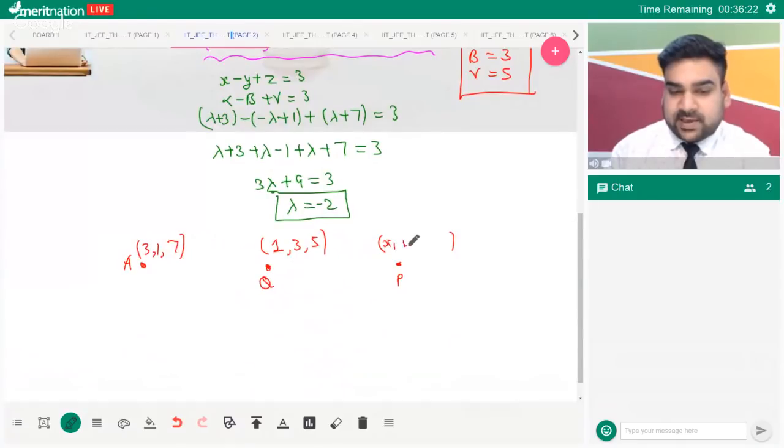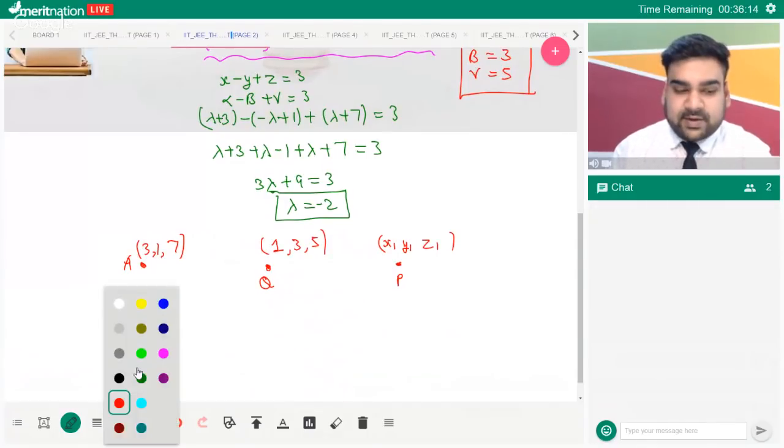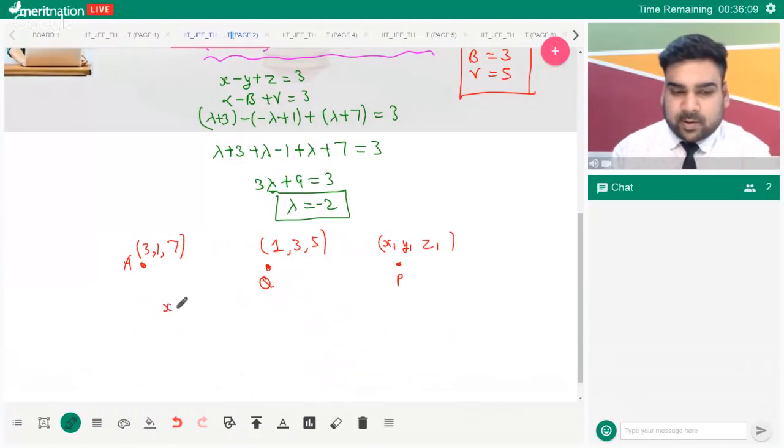If I say this is x1, this is y1, this is z1, what will be the values of x1, y1, z1? Using the midpoint formula, we can easily find it. I can write that x1 plus 3 by 2 is equal to 1. So what will be the value of x1? If you solve this, x1 will be equal to minus 1.